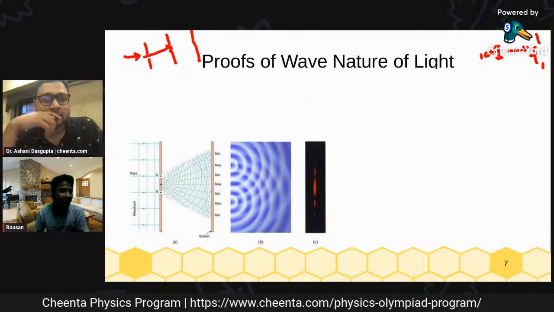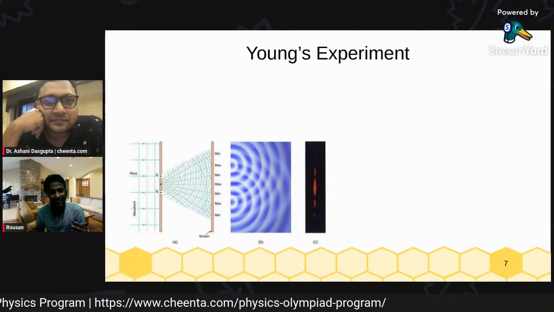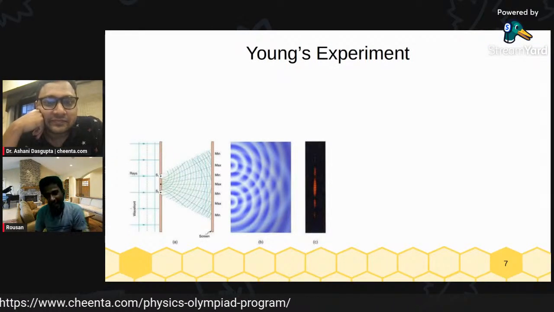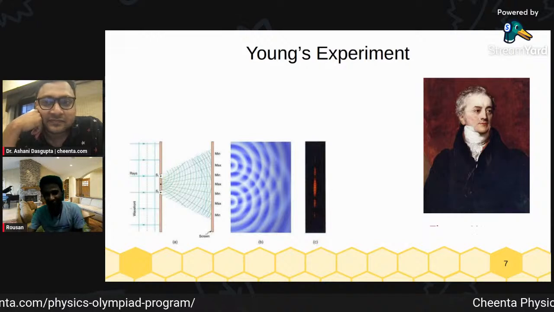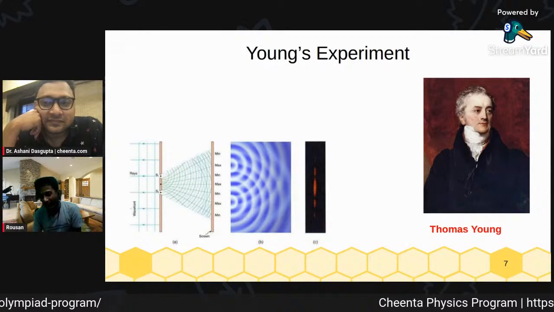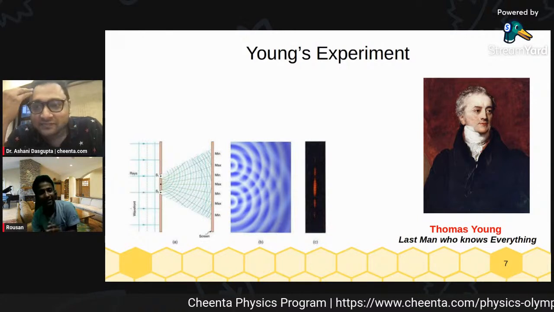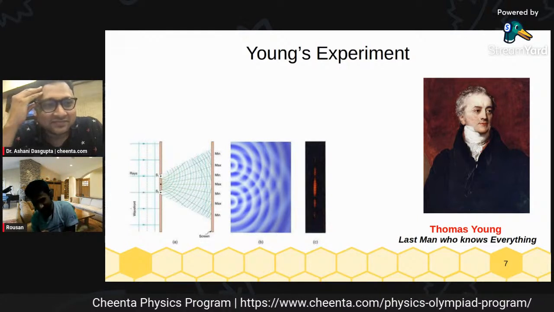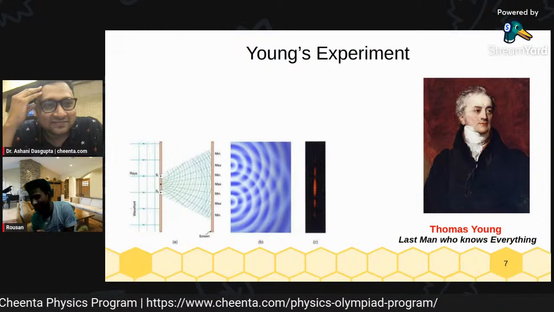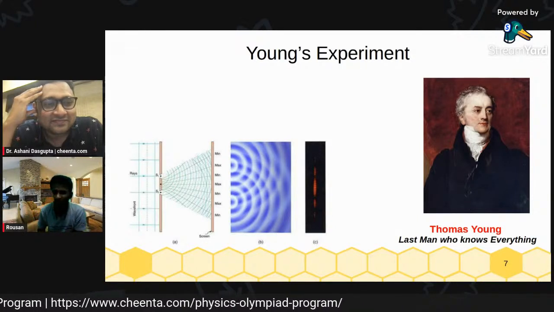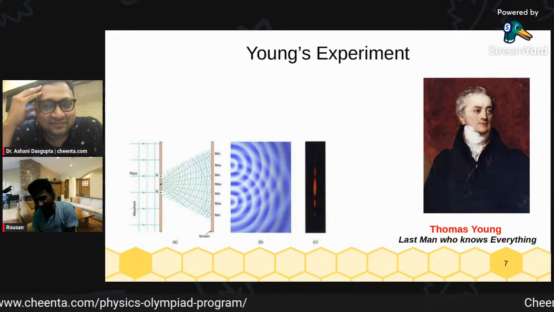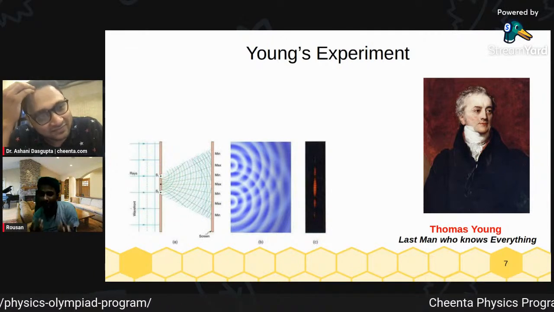But later comes this guy Young, a young genius, Thomas Young, and he was said to be the last man who knew everything. In his era, science had not developed that much. Classical mechanics was going on. In maths too, there was a little bit of complex analysis.